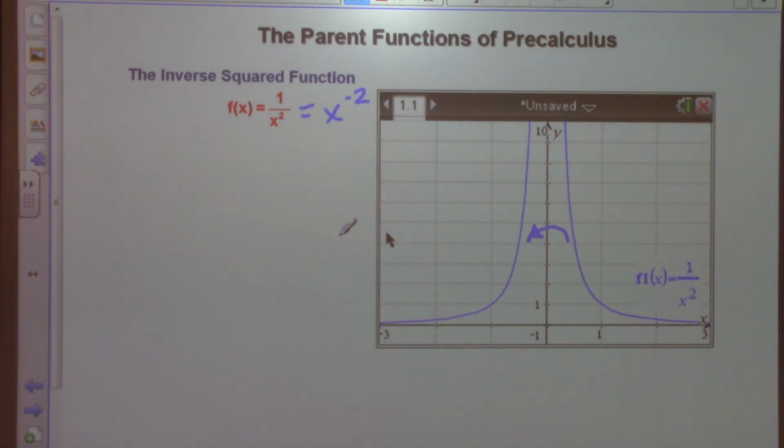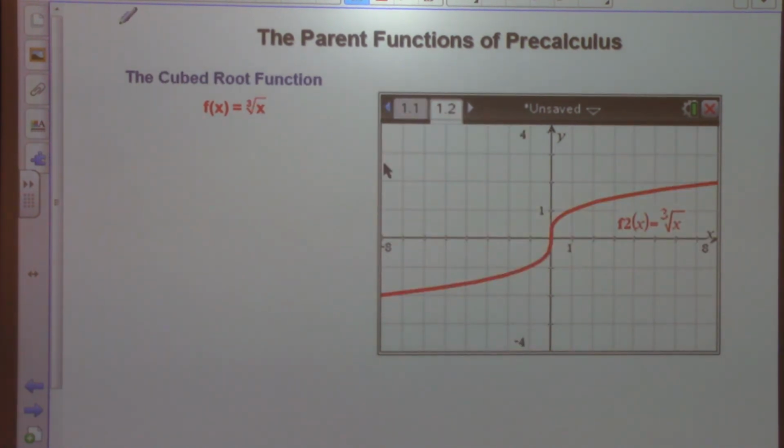As the moon gets farther away from Earth, the force of gravity declines in this sort of a pattern. And so I specifically put this in here because of real world application. Okay, I don't want to say anything more about that. And the last one I want to look at is this one right here, the cube root of x. So this right here is going to be x to what power?